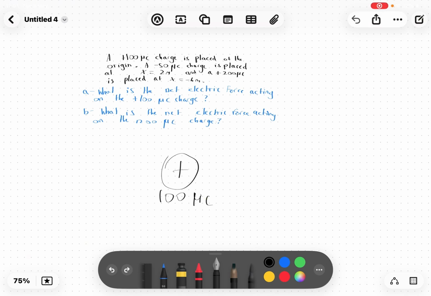And then we have another one, positive, and it is 200 microcoulombs, and the distance between, no, that's not the distance between them. No, actually it is. The distance between these two is 4.